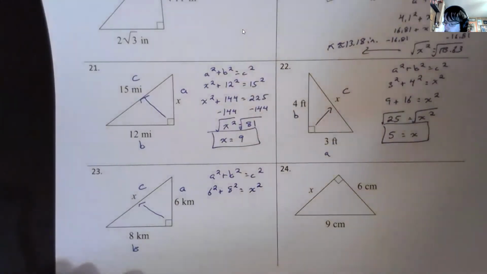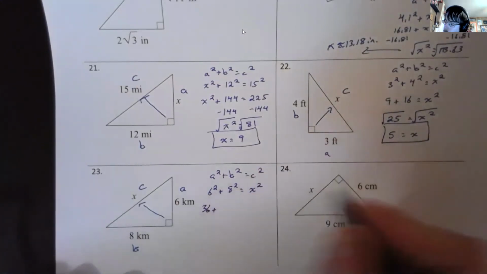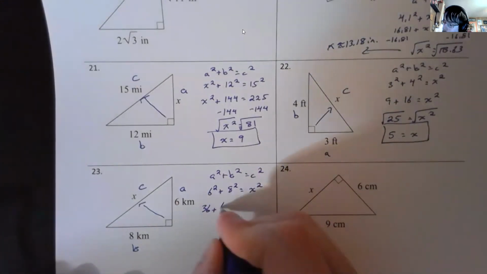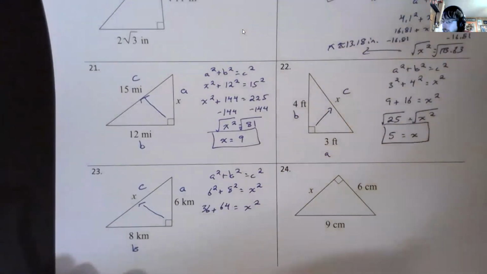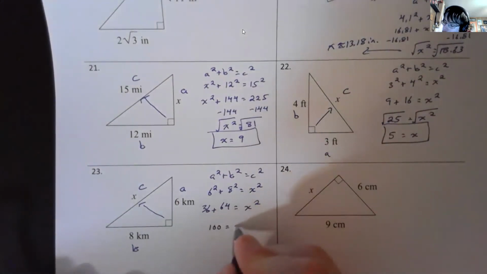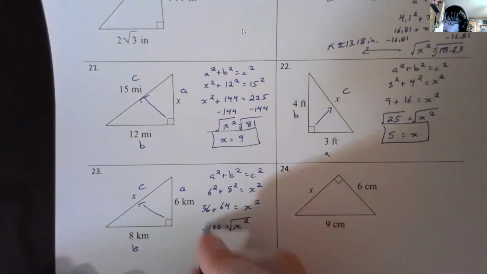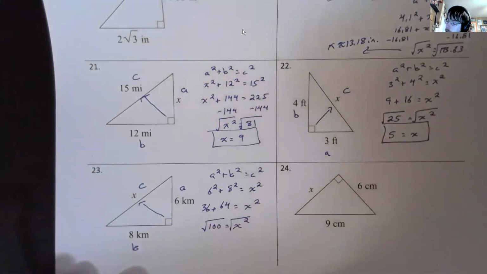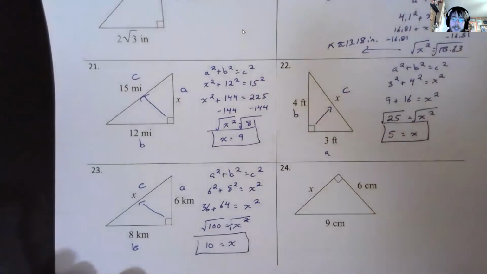And C squared is X squared. 6 squared is 36. 8 squared is 64, equal to X squared. 36 plus 64 is 100, equal to x squared. We have to get rid of the squared, so we have to square root both sides because it's the opposite of a square. The square root of 100 gives us 10, and that just leaves 10 equal to x.